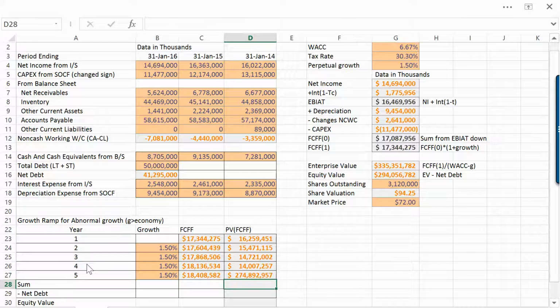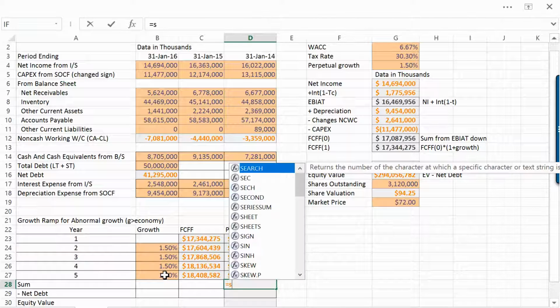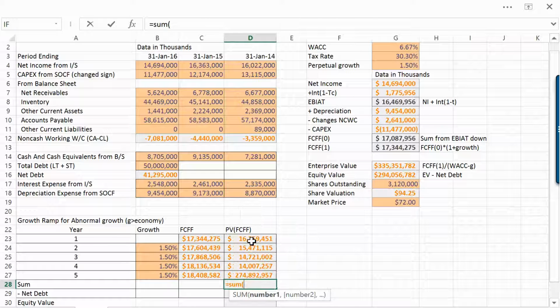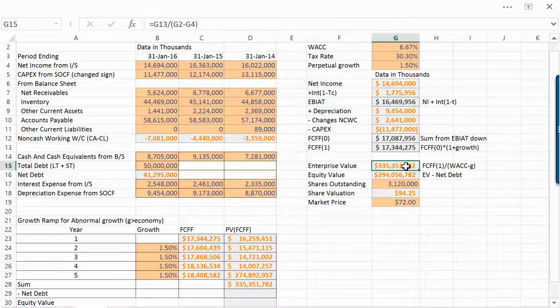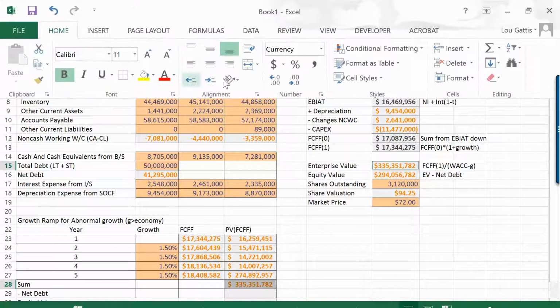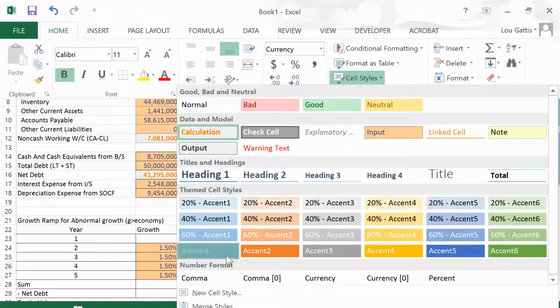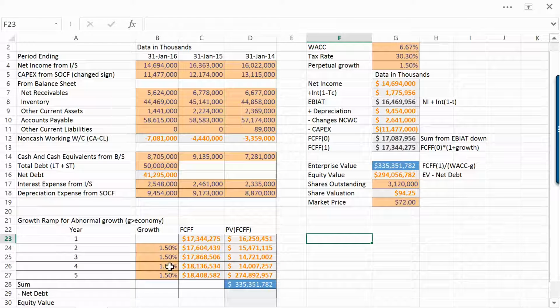And if I sum that up, I get 335 billion, 351, 782. Now that's the exact value as I got here, because it's using the same assumption. It's going to grow at 1.5% per year, and then forever.